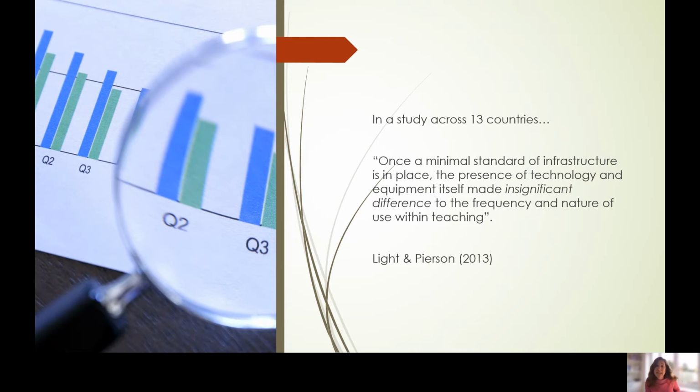Furthermore, data from the International Teaching and Learning Survey, TALIS, shows us that even in schools with a comprehensive infrastructure, there can often be very low levels of meaningful technology engagement. In other words, the causes of the inequalities in teaching and learning are about much more than just access to devices or software or connectivity.